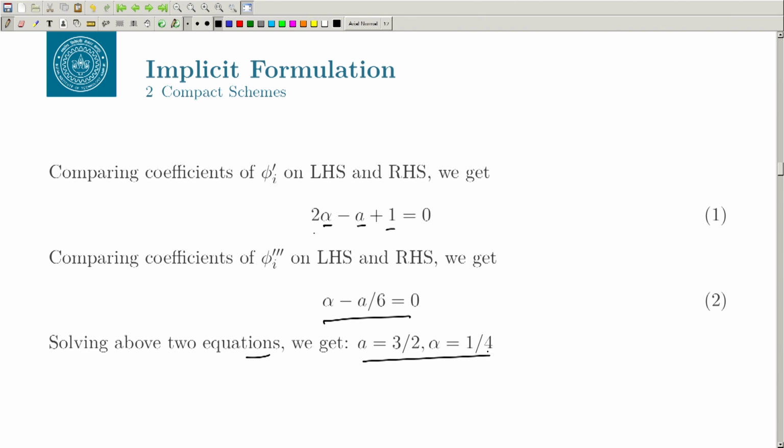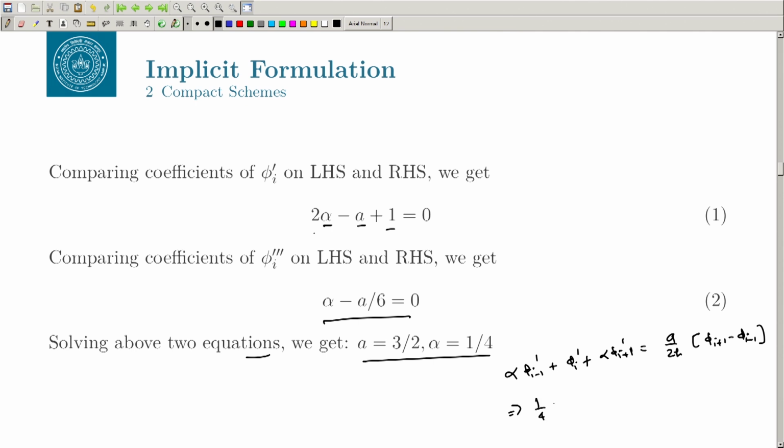So, your expression will look like alpha phi I minus 1 prime plus phi I prime plus alpha phi I plus 1 prime will be a by 2h times phi I plus 1 minus phi I minus 1. So, alpha value is 1 by 4.